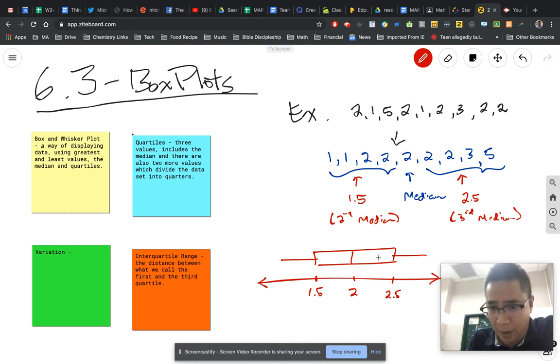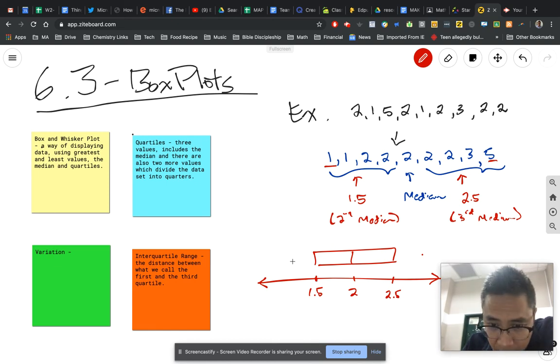So there's my box. The next thing you're supposed to do is determine the length of what we call the whiskers. I'm going to erase this just a bit. So how long are the whiskers? The whiskers are the length to your smallest and largest value. My smallest value is 1, my largest value is 5.